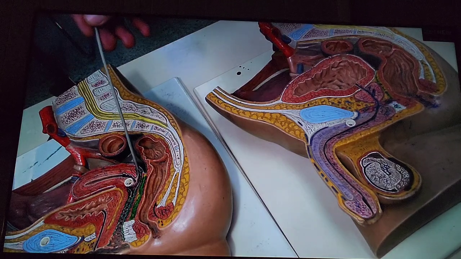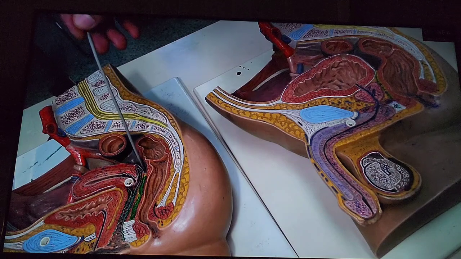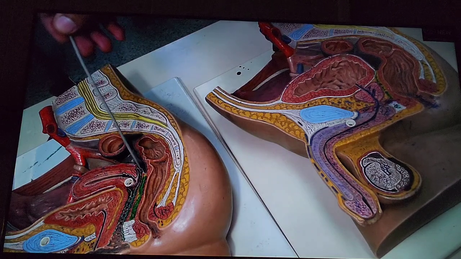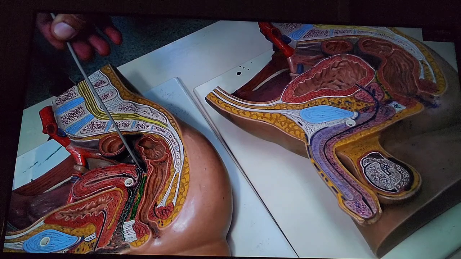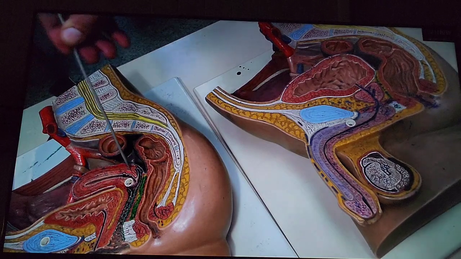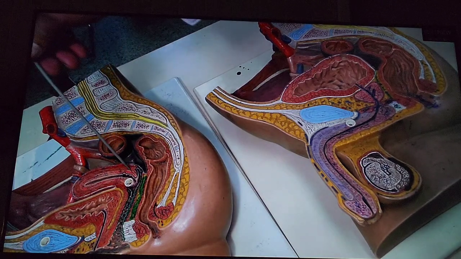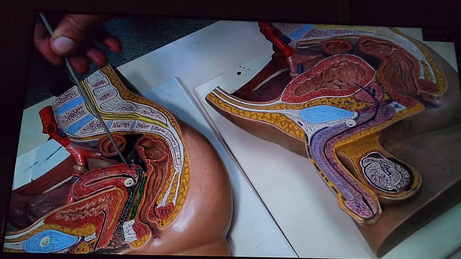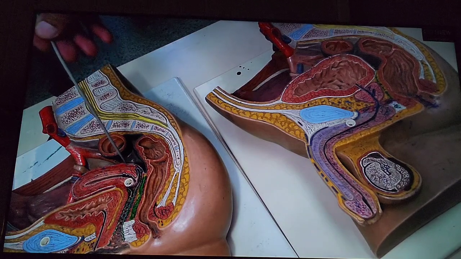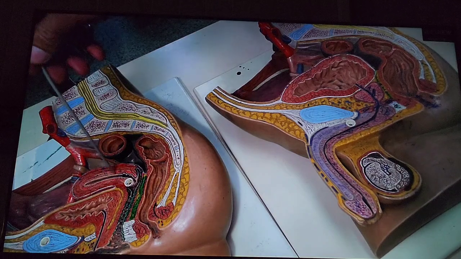So the peritoneum runs over the posterior fornix of the vagina, the posterior surface of the uterus, and goes forward onto the upper two-thirds of the front of the uterus.